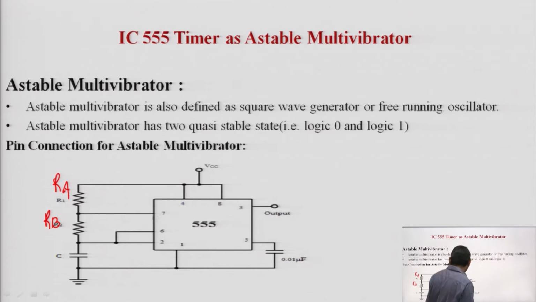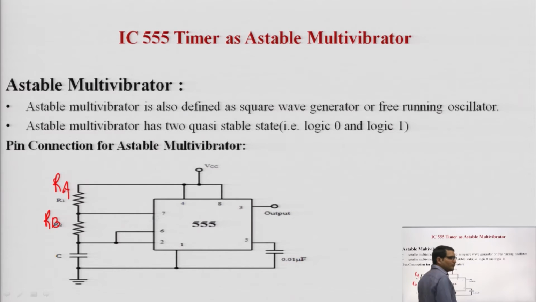Pin number 6 is the threshold and pin number 2 is the trigger input. For the astable multivibrator to work without input, pins 2 and 6 are shorted with the external capacitor C.